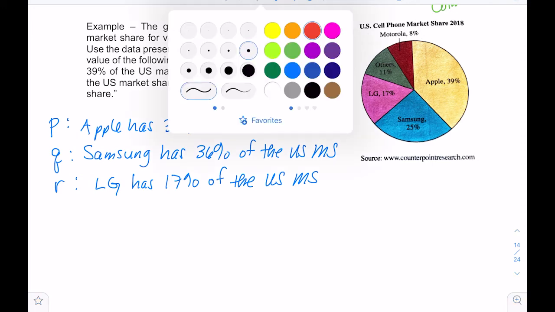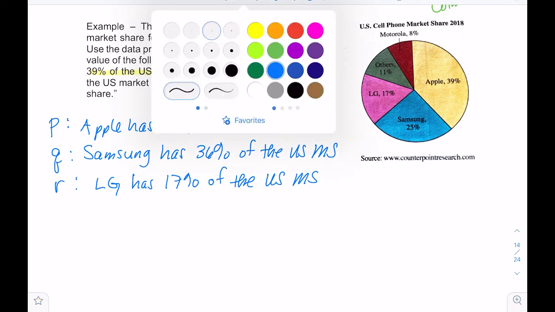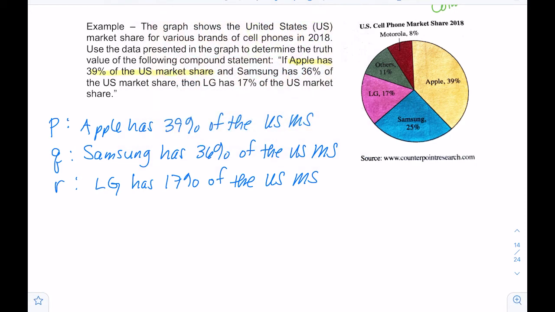So in this first part, we have a conditional statement. If Apple has 39% of US market share, and Samsung has 36% of the US market share, then LG has 70% of the US market share.